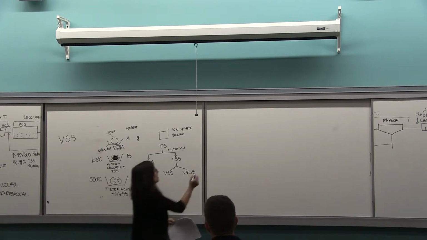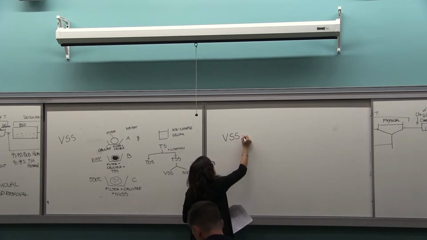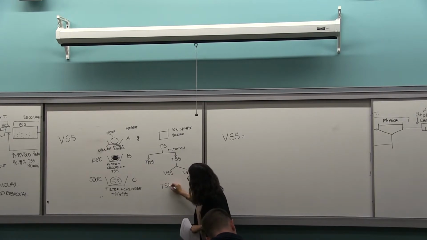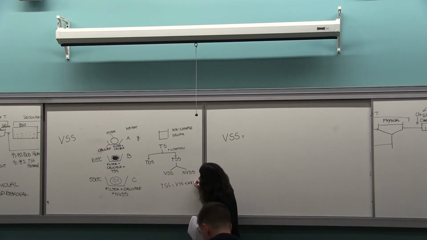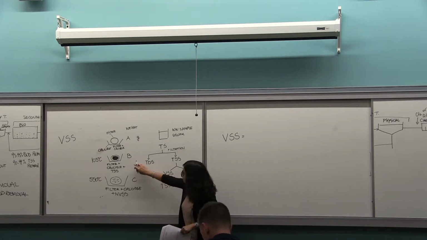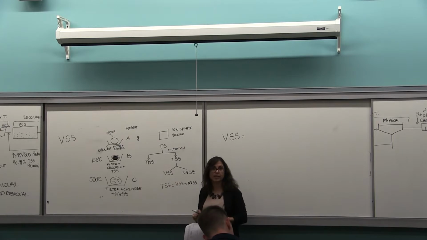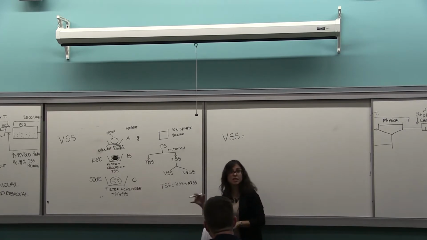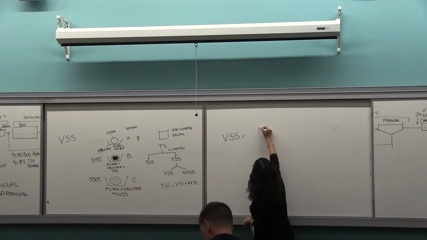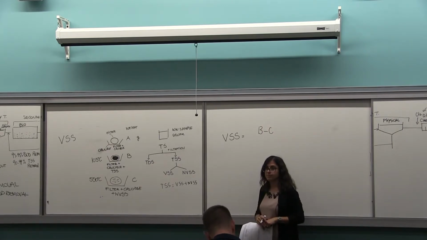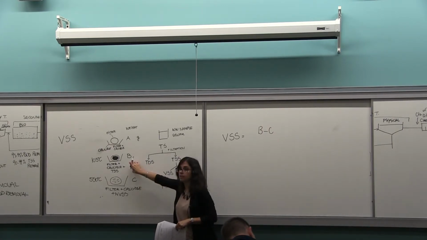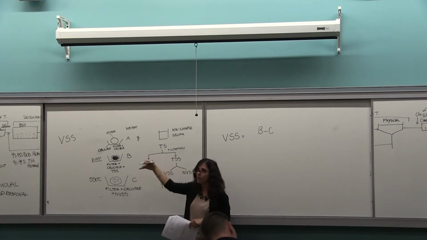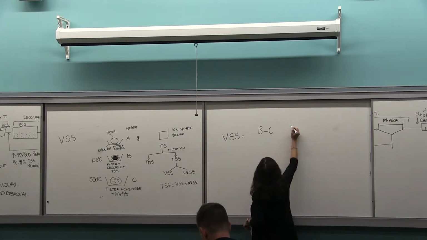TSS is VSS plus NVSS. So TSS minus NVSS gives me the VSS in grams. So B minus C, what I weigh here and what I weigh after 550, is the volatile suspended solids in terms of gram.